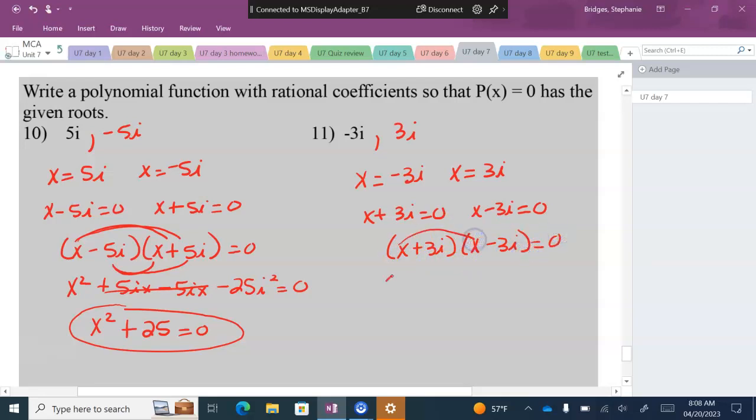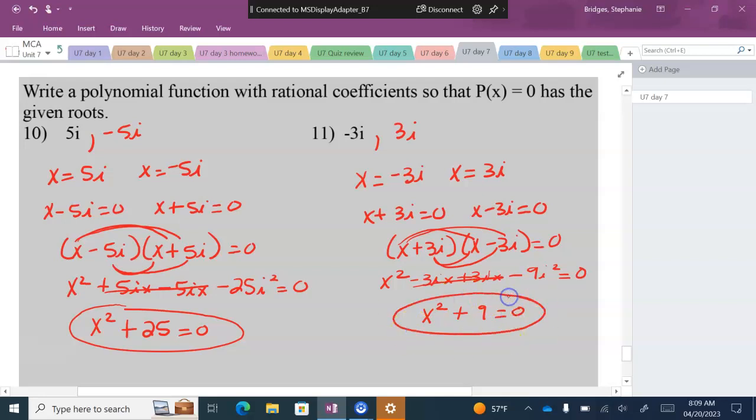And then we FOIL. That's x squared minus 3ix plus 3ix. And that's going to give me a negative 9i squared. Middle terms cancel again. And that i squared turns that negative 9 into a positive 9. So we get x squared plus 9 equals 0 or y equals x squared plus 9.